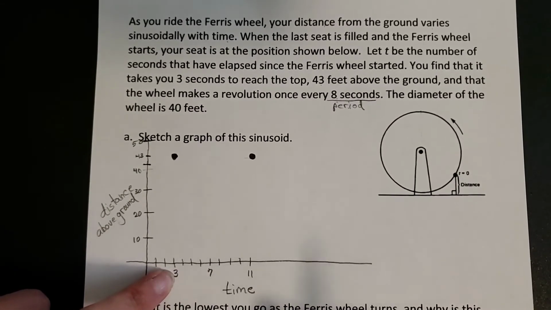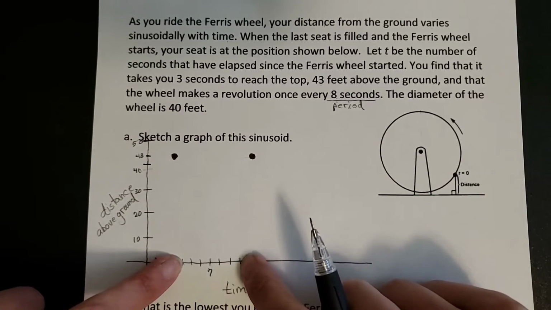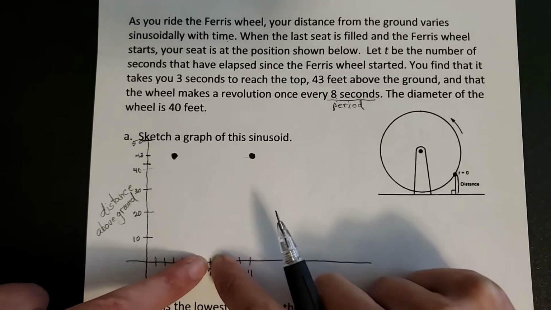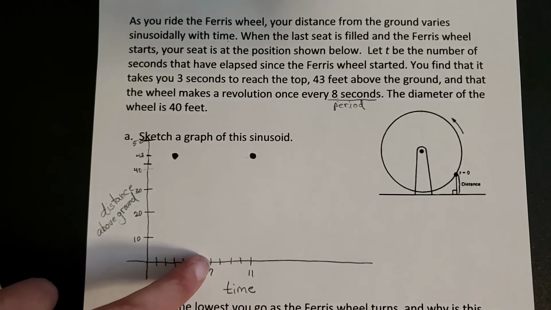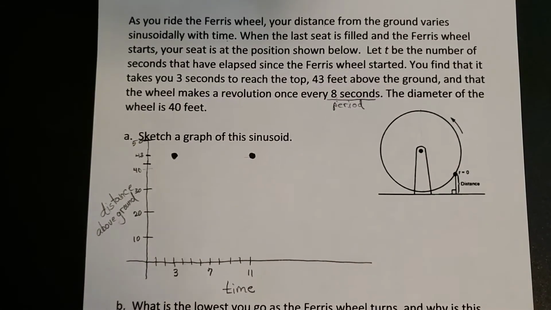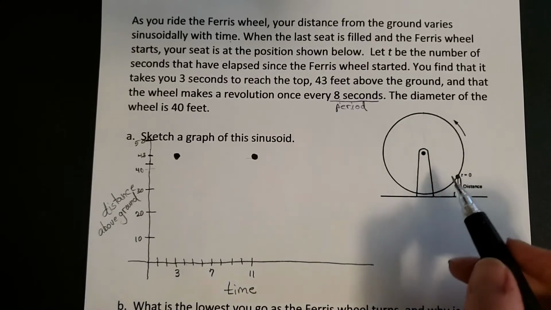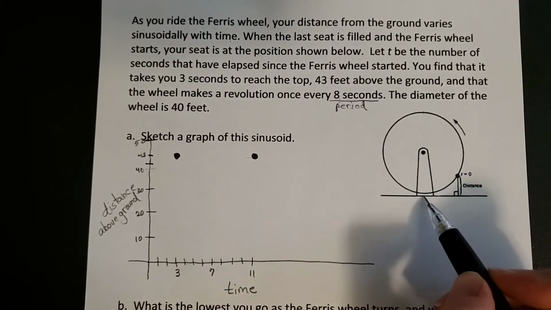If you can't think about the 7, just walk your fingers in the same amount from either side, and that's where the minimum is going to be. Now, what is the minimum? How far above? Is it just at 0 because we're on the ground? No. Because if it were on the ground, it wouldn't be a very comfortable Ferris wheel ride. You would hit the ground every time you went around.